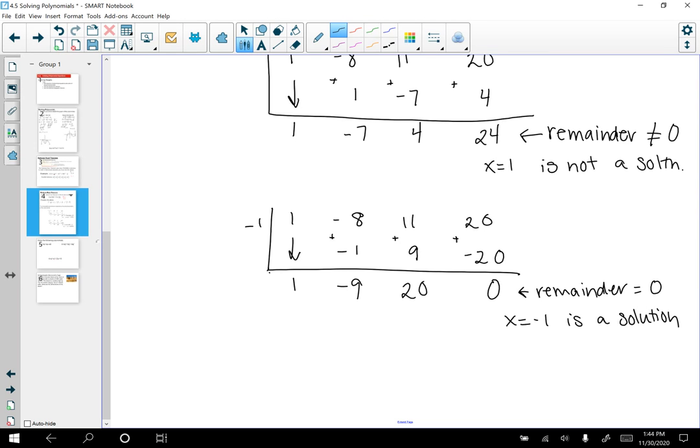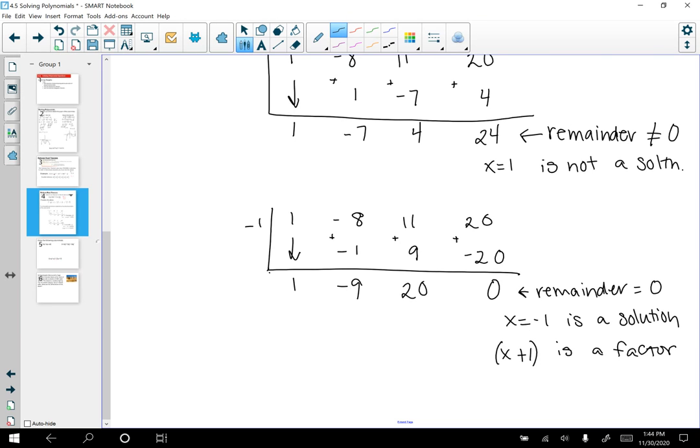Which means x plus 1 is a factor. All right, so if x plus 1 is a factor, this is what I have left, right?